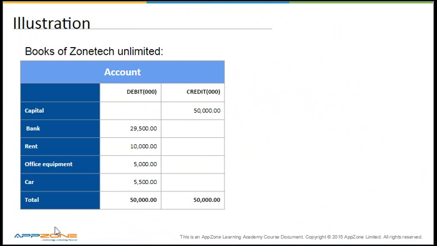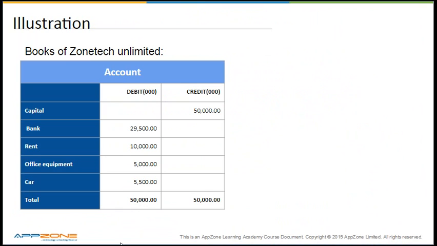I think this also goes to buttress one of our rules that says our total debit must always equal our total credit. If in this scenario we had a total debit of 50,000 and a total credit of 40,000, then we would be looking for 10,000 and we'd be wondering where this money went.